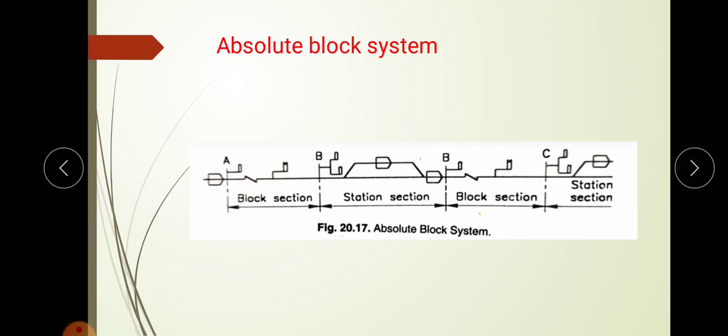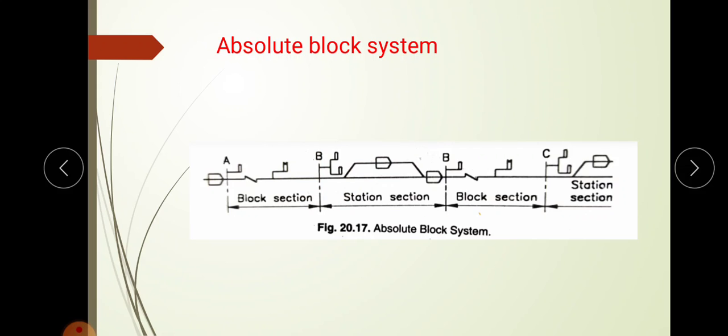A station master informs that the train is able to enter the block section. The man will set the points and lower the signal to the off position for dispatching the train.